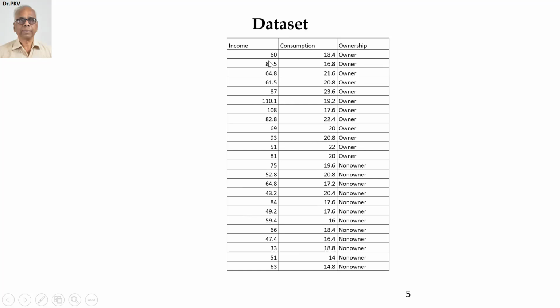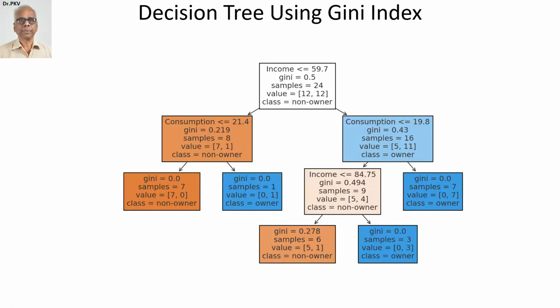Now, income is a continuous variable, consumption is a continuous variable, but the decision tree algorithm categorizes them in a beautiful way, and it's doing the recursive partition based splits at every stage. Now, I'll just show you the outcome using the Python program.